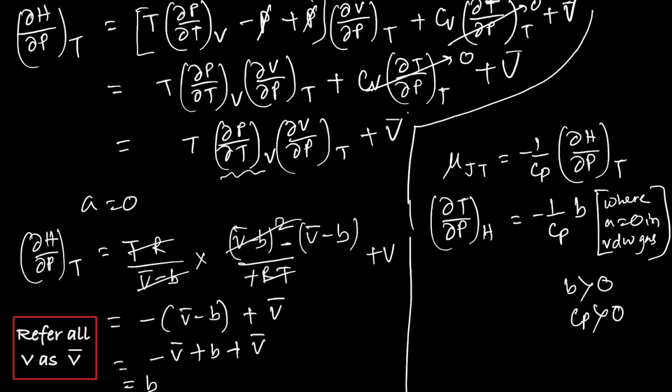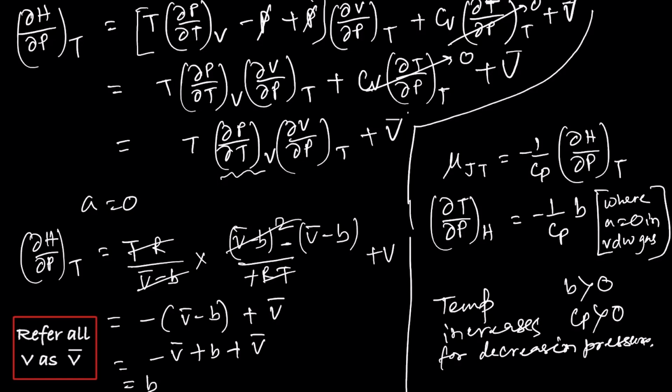So the Joule-Thomson coefficient is not always going to give you a decrease. That is the interesting point about this, that here temperature increases for a decrease in pressure in this particular case.